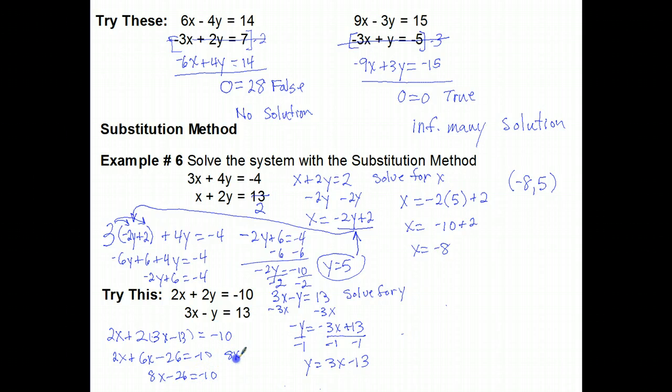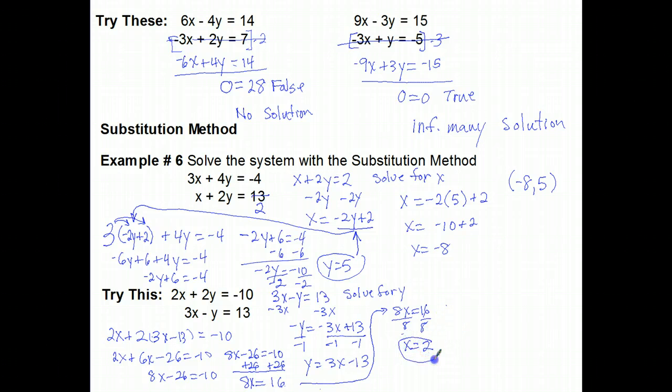Copy that over again here. Getting kind of cramped on space. Add 26 to both sides. 8x equals 16. Divide by 8. x is equal to 2.